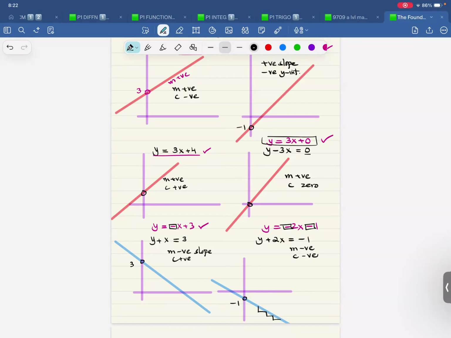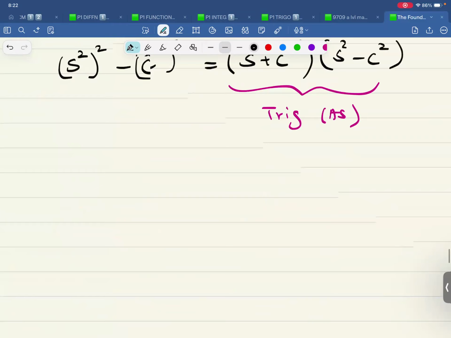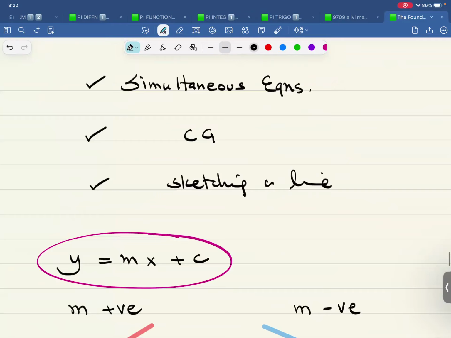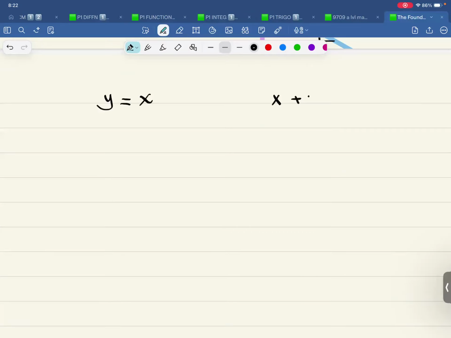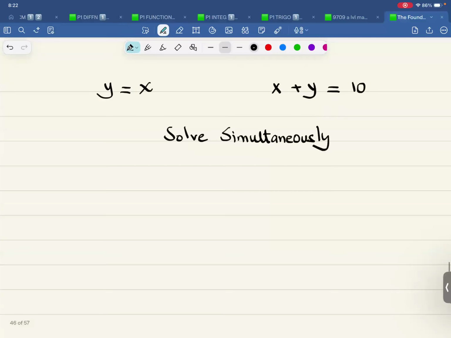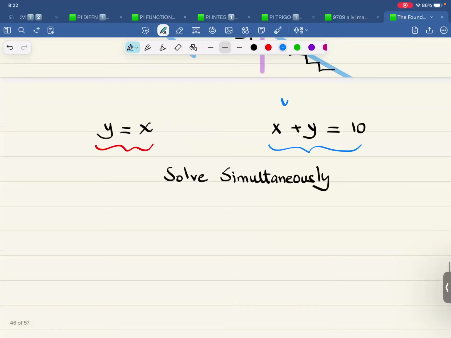Now, how can I use this for simultaneous equations? Let's say y is equal to x, and x plus y is equal to 10. And if I say solve simultaneously and show the result on a graph. So y is equal to x, that is a straight line. x plus y is equal to 10. That's another straight line, which I can write as y is equal to minus x plus 10.